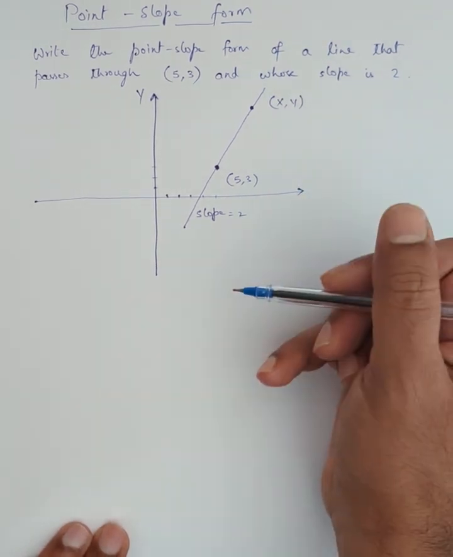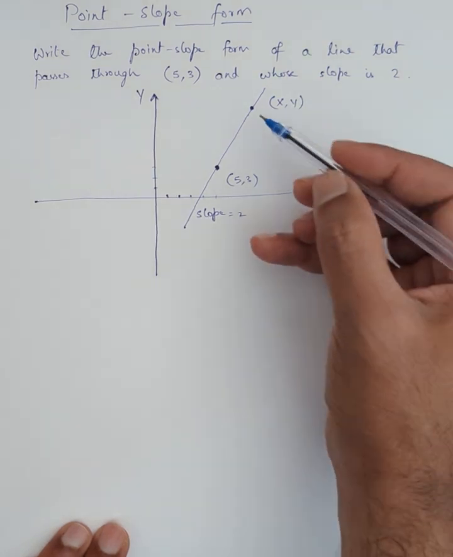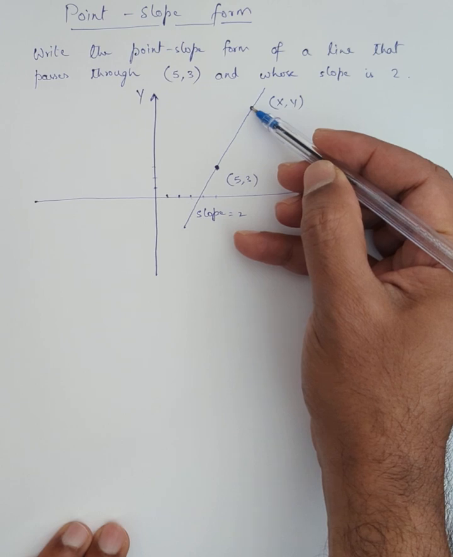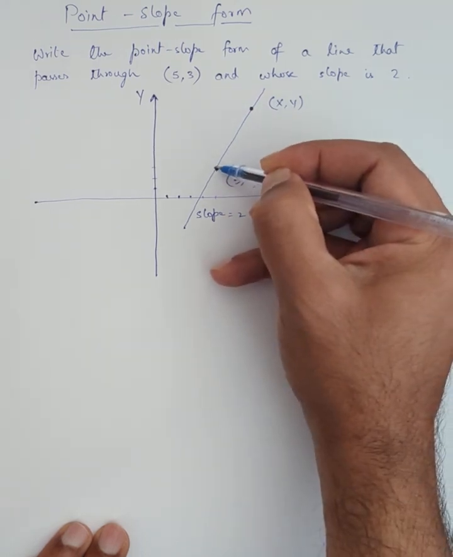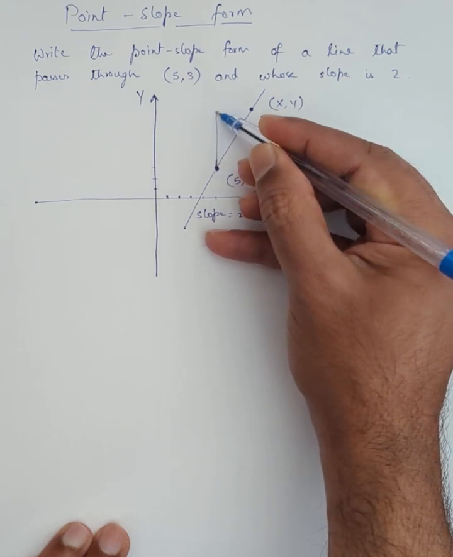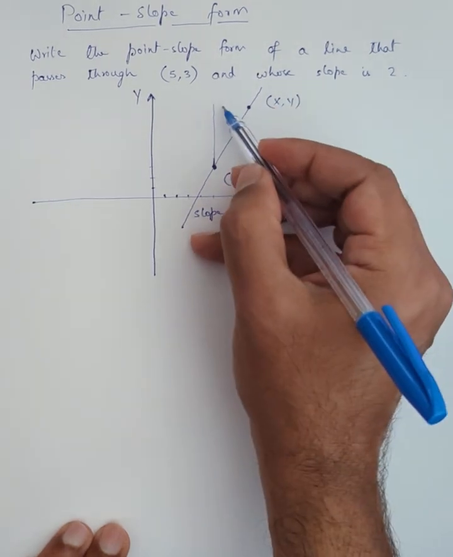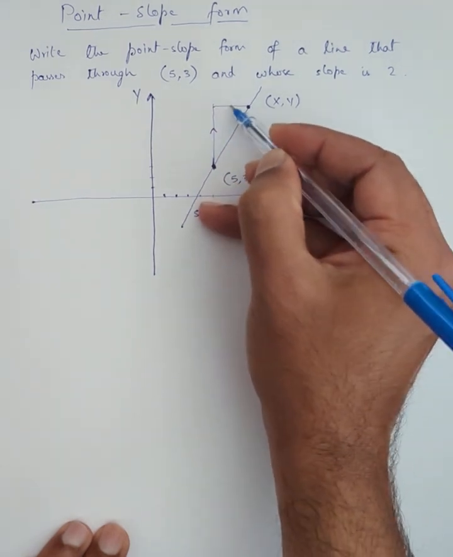Just like in slope-intercept form, I have to figure out how much the rise is when I go from one point to another, and then how much the run is.